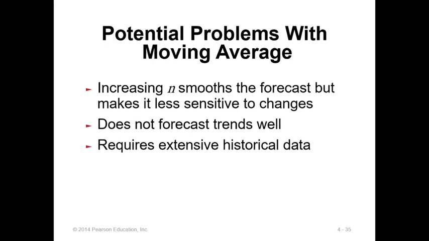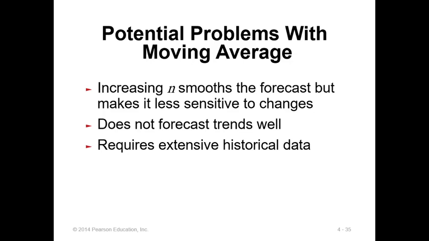Of course, each method, as we always study, there are no quantitative methods without any problems. Now, the potential problem with moving averages is that sometimes, by increasing the historical data, or the previous periods, instead of 3, some people will make it 4 or 5 periods back.